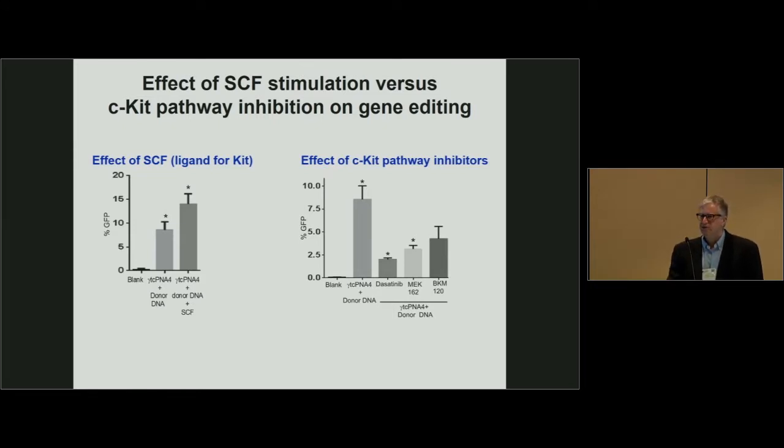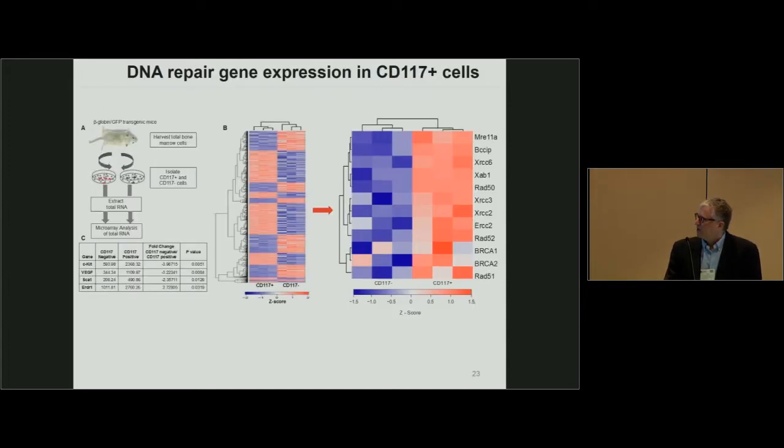So there's some evidence there that the KIT pathway is important for editing in these bone marrow cells. And one of the reasons we think that may be going on is that if you sort the cells for the presence of the KIT receptor, the CD117, the positive ones have a higher level of expression of many of the DNA repair factors that would be expected to play a role in the processing of the triple helix lesion.